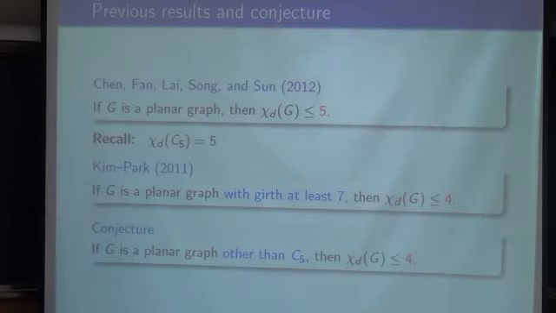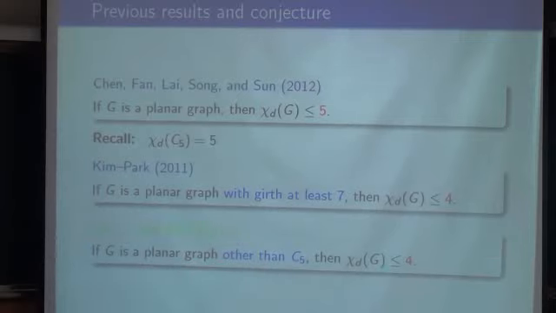So if we have some C5 as a component, then this will be bigger than 4. So, yes, I need to add connected here, right. Okay, so Kim and Park and I showed that this conjecture is true, right?